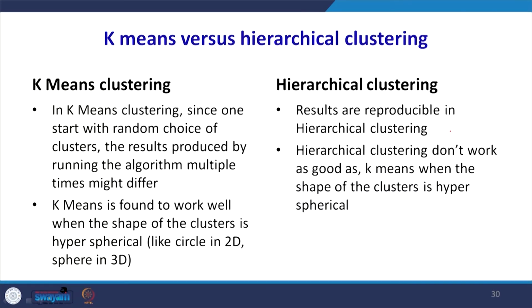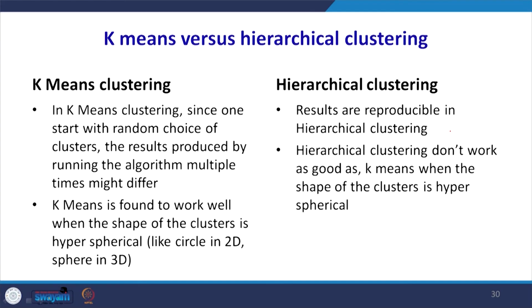In K-means clustering, since one starts with a random choice of clusters, the result produced by running the algorithm multiple times might differ. K-means is found to work well when the shape of the cluster is hyperspherical, like a circle in 2 dimensions, a sphere in 3 dimensions. In hierarchical clustering, results are reproducible.